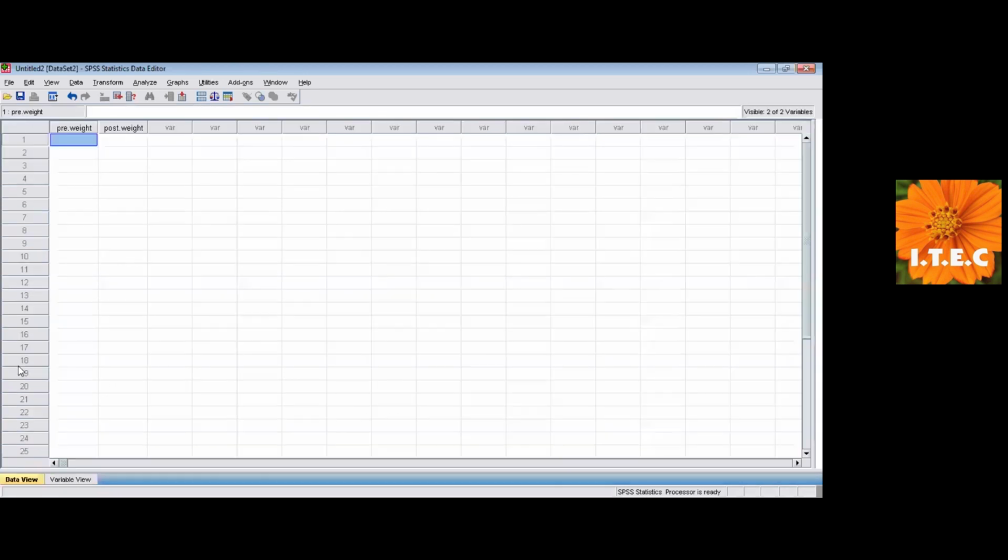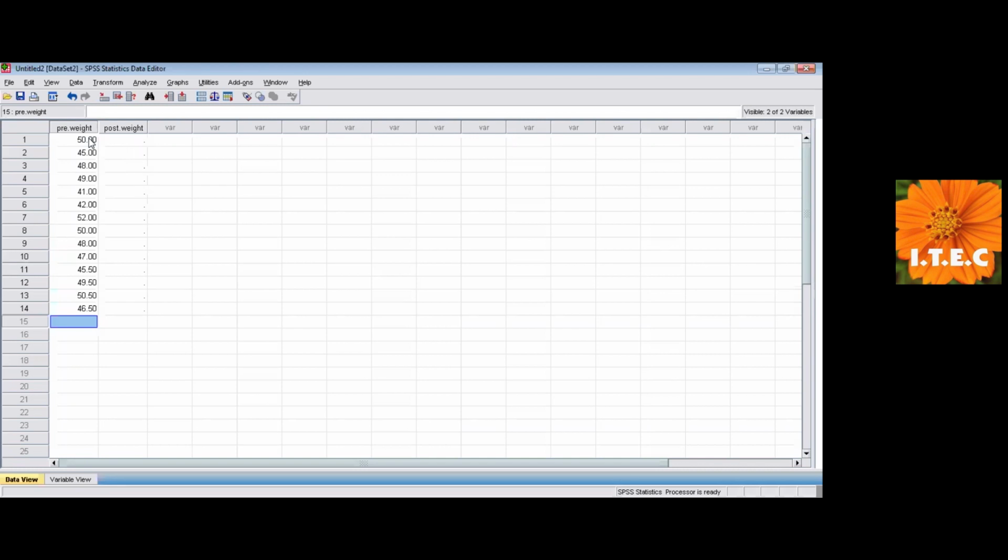So we go to the data. Here you can have your pre-weight, suppose 50, 45, 48, 49, 41, 42, 52, 50, 48, 47, 45.5, 49.5, 50.5, 46.5, because weight can be in fraction also, it doesn't matter.